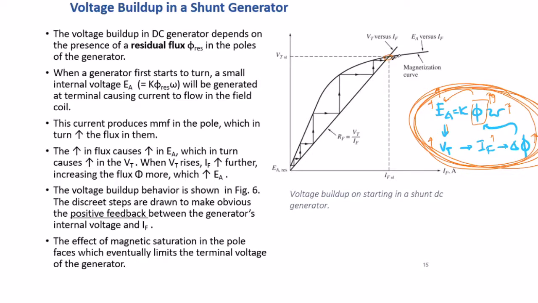When it gets saturated, then it will not be increased anymore. So this is what is meant by the voltage buildup. During the buildup of the flux, the VT will also be increased, and therefore we've got what is called the voltage buildup.